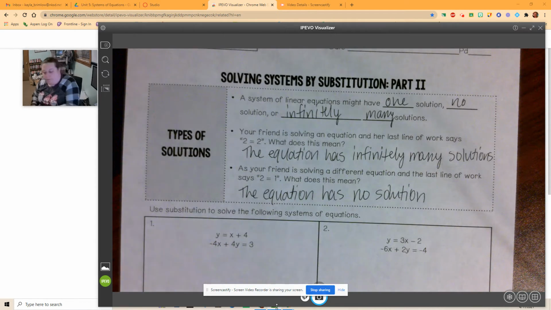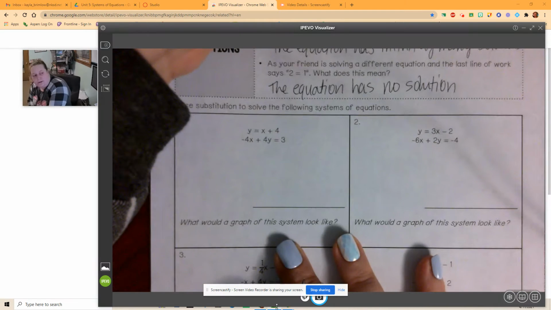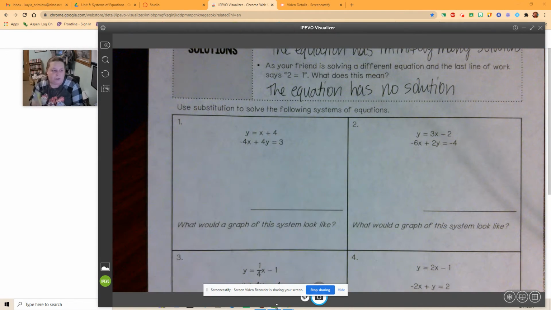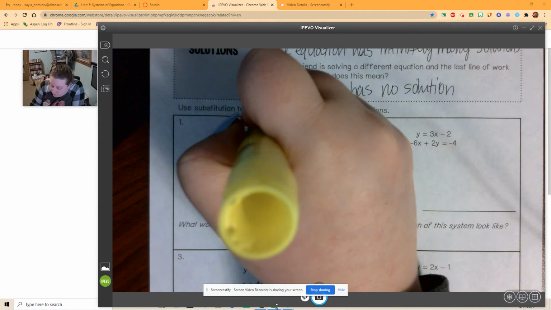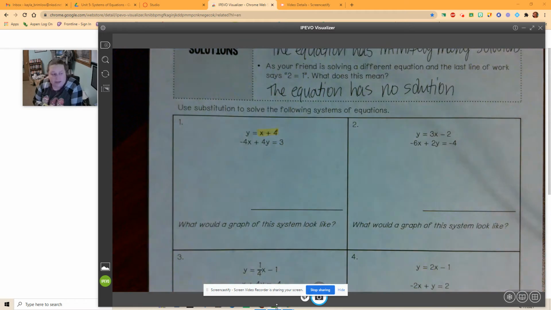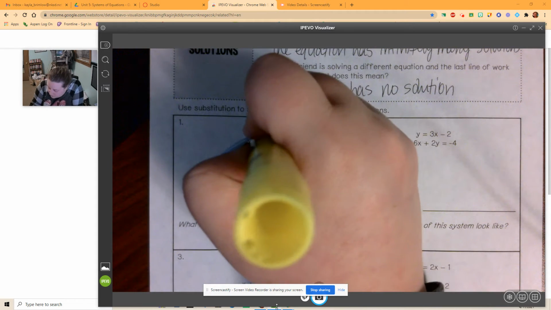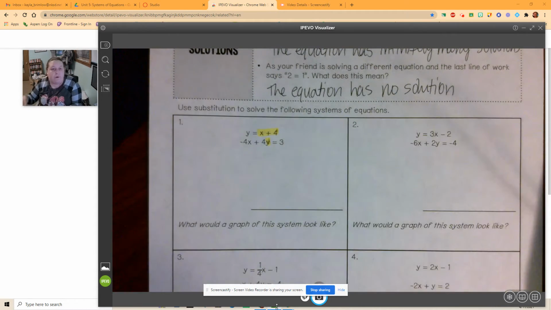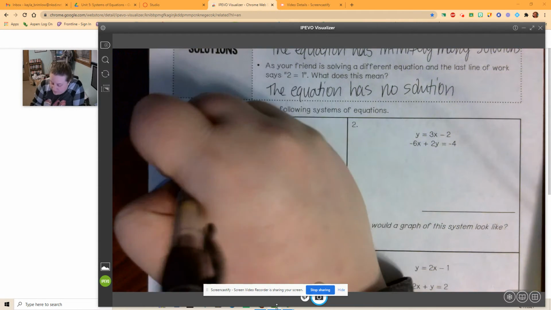Okay. All right, so let's go ahead and use substitution to figure that out. So in substitution, we need one variable solved for itself, and we replace its expression into the next equation. So we're going to replace y in our second equation with x plus 4. Notice that there's a 4 in front of that y, meaning we're going to have to distribute since we have a coefficient.